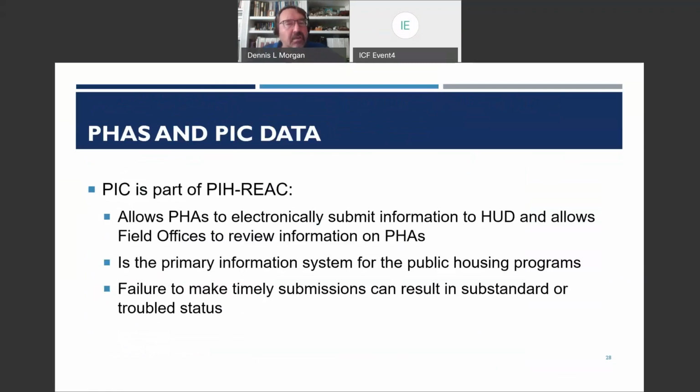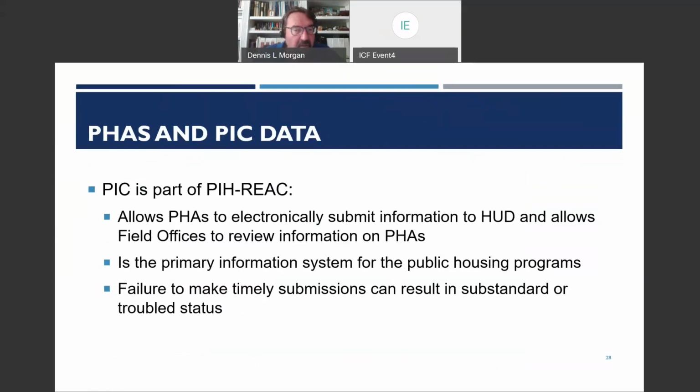PIC is a part of the world of REAC, and we want to make sure that we're submitting this information timely, because failure to submit information timely can result in a substandard rating or troubled status as well. If you're not accurate, if you're not timely, then your score is what it is, and you can also receive 0 scores in, let's say, the financials as well.